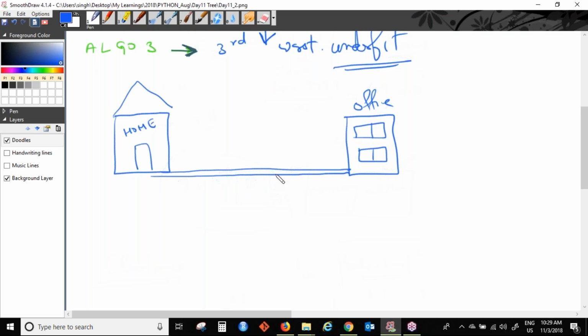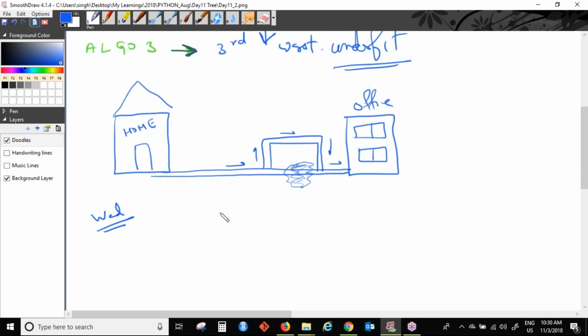Now let's say on a certain day, on a Wednesday, you were going to office and there was a heavy rain. Because of that, there was some water logging in this area. So you did not go via the straight road. You took an alternate path like this. You went from here to here, then you took a left, and then you came via this and went to office. This is what you did on a Wednesday because it was raining and there was some water logging here.